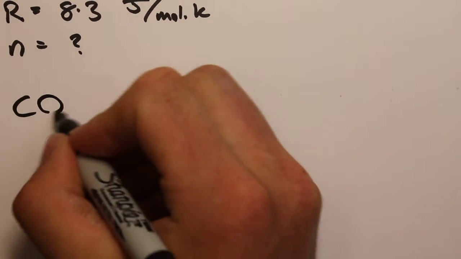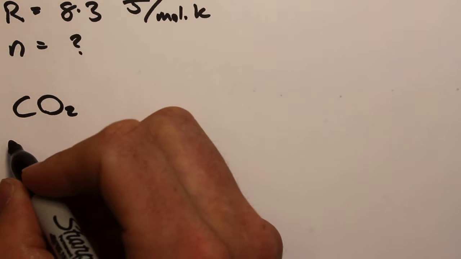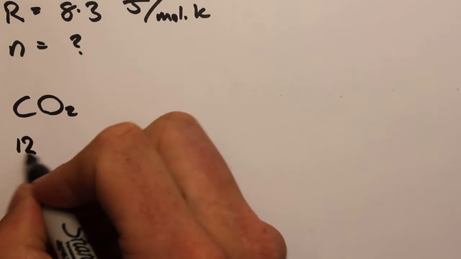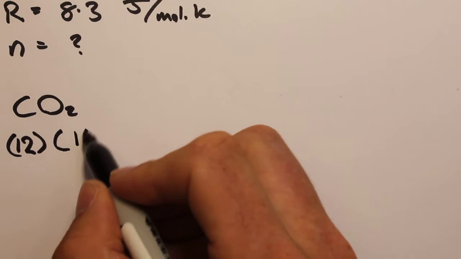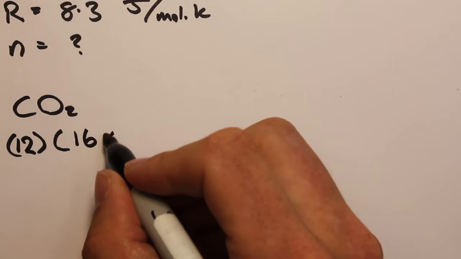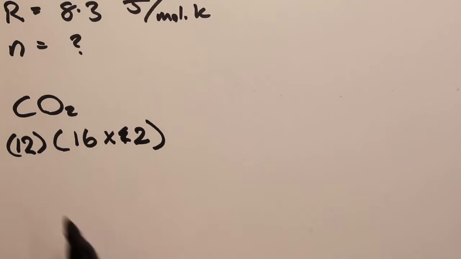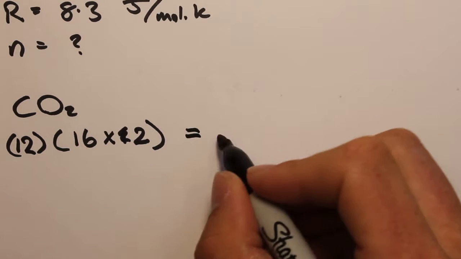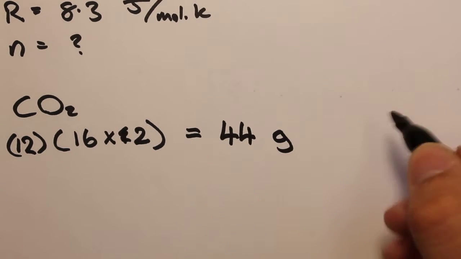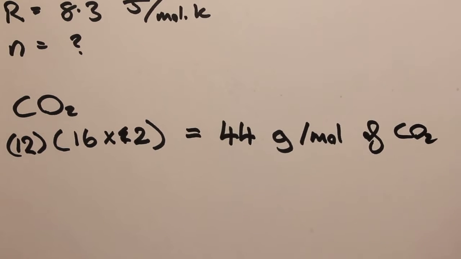So we've got carbon dioxide, CO2, and we can go onto the periodic table and we'll find that the atomic mass of carbon is 12, and for oxygen it's 16, and we've got 2 oxygens, so we're going to multiply that 16 by 2. So it's going to be 12 plus 32, and that's going to equal 44 grams per mole of CO2.